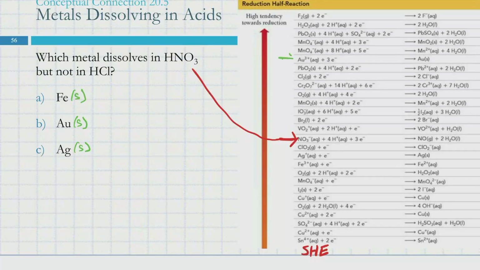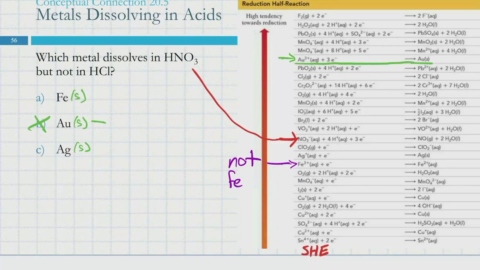So gold is way up here on our table. That won't dissolve in nitric acid or in HCl, so it's not gold. Where does iron show up on this table? But it's aqueous, right? So iron shows up, but only as aqueous.